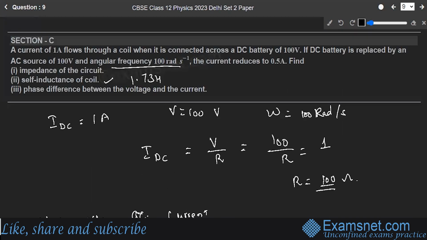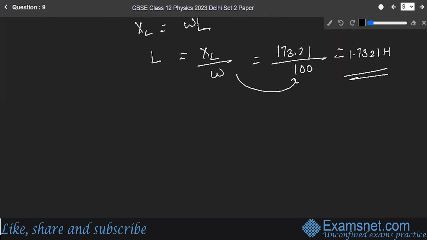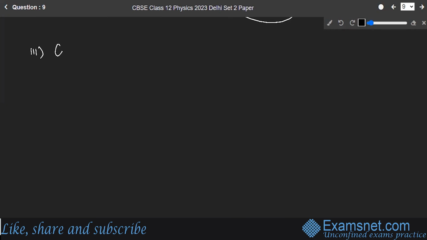Okay. Now the third part of the question. The phase difference between the voltage and the current. Let that be denoted by the angle phi. So you know for the third part that cos phi is equal to R upon Z. So R was 100 and Z was 1.73.